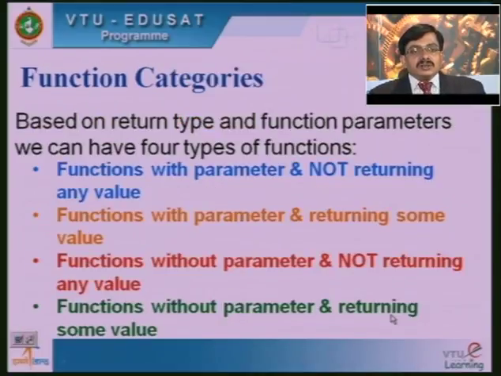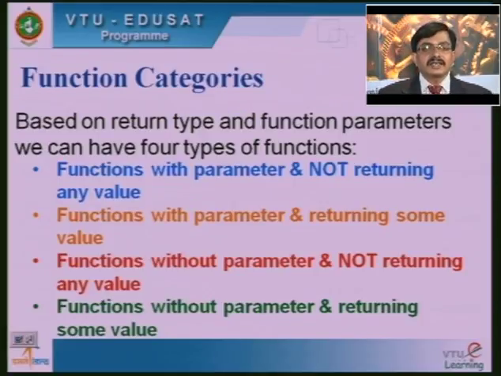Now, based on the return type and the parameter a function is taking, we can have 4 different categories of functions. One is a function with parameters and not returning any value. Sometimes a function will take the parameter, but it does not return any value. Similarly, we can have a function with parameters and returning some value. The function may take the parameter and also return some value.